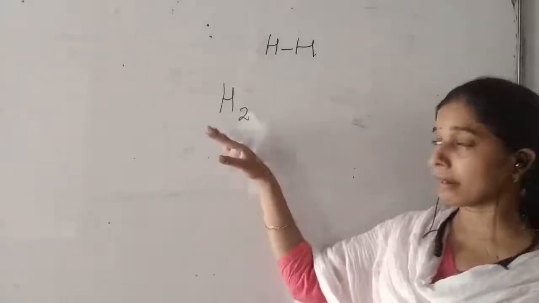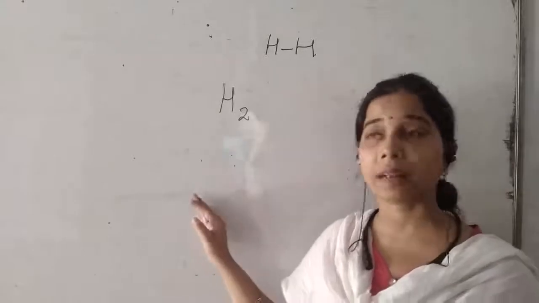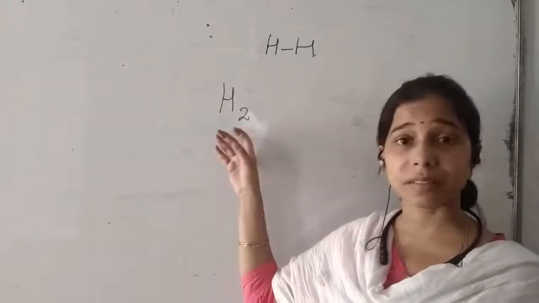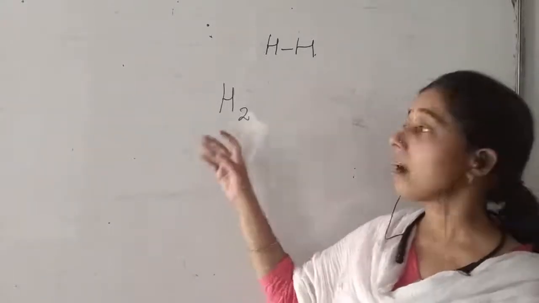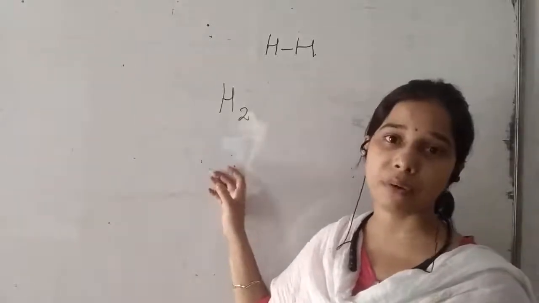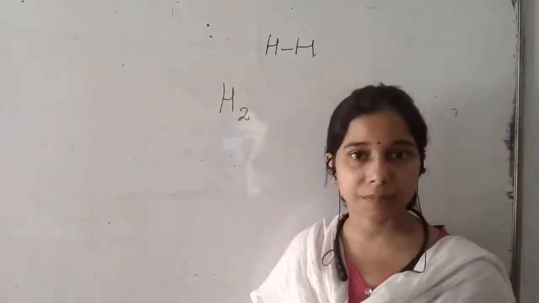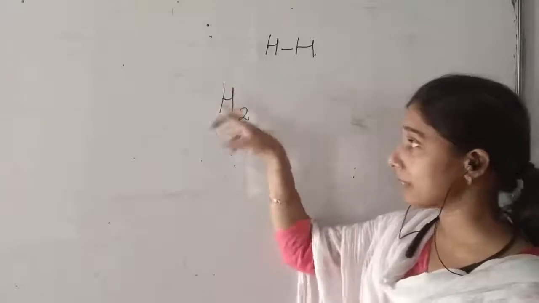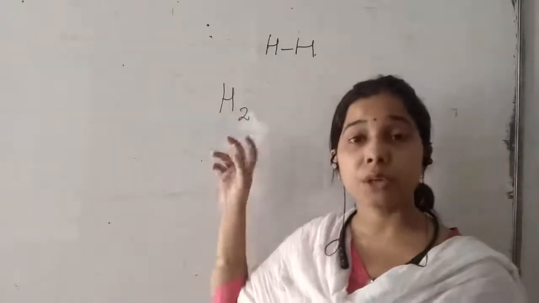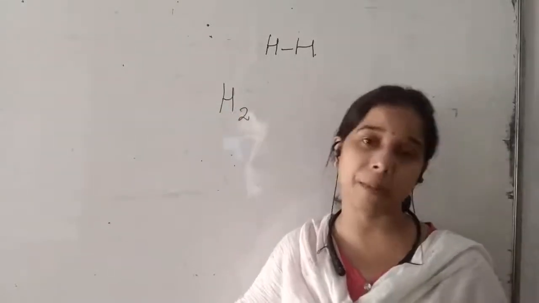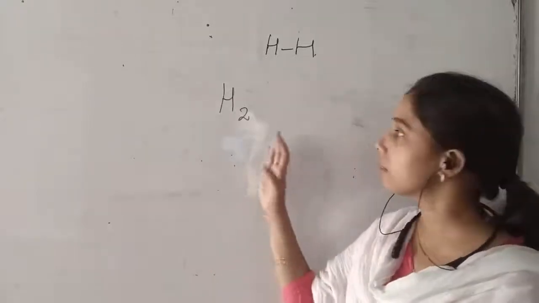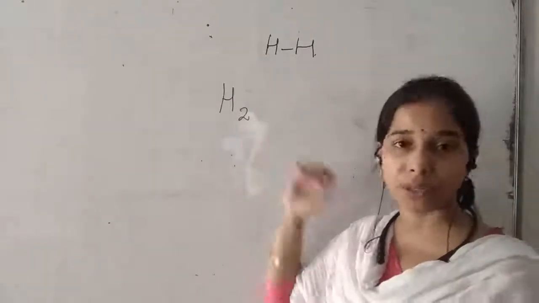So by looking at this, you are able to tell that this is a hydrogen molecule, and this hydrogen molecule consists of 2 atoms. With the help of this symbol and this subscript, you are able to give a brief representation of this molecule.